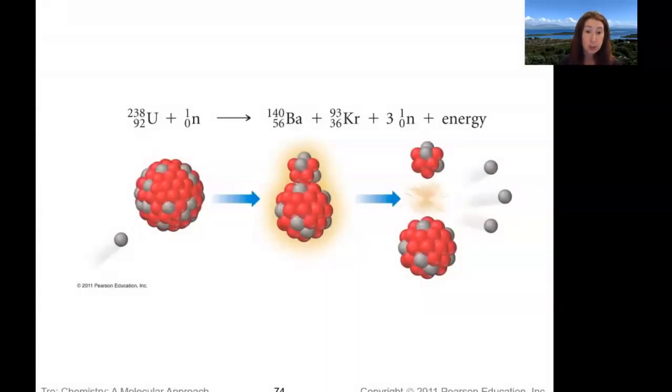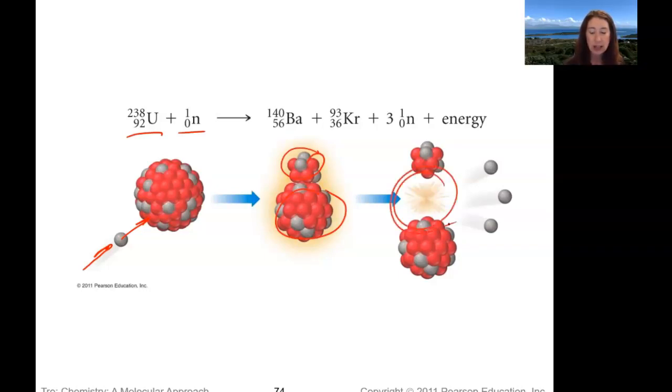So what do we do with fission? We're going to specifically talk about uranium-238 because this is the same fission that they do in nuclear energy. They take a high energy neutron and shoot it at the nucleus of uranium-238. So here's an atom plus a neutron. This nucleus is going to split into 2 smaller pieces. When it does that, it releases lots and lots of energy and, coincidentally, 3 more high energy neutrons, which find more uranium-238.